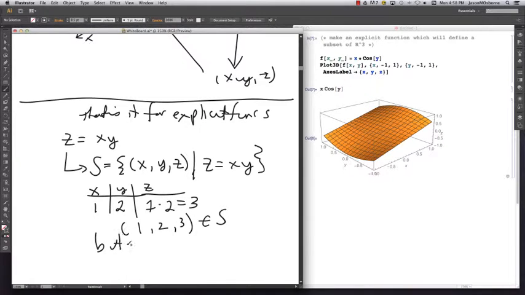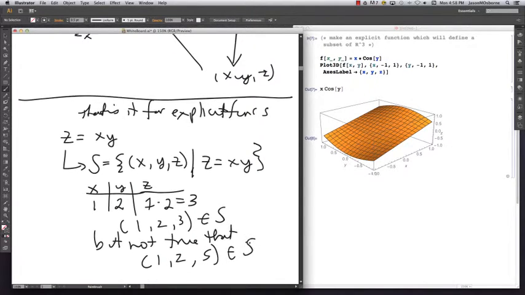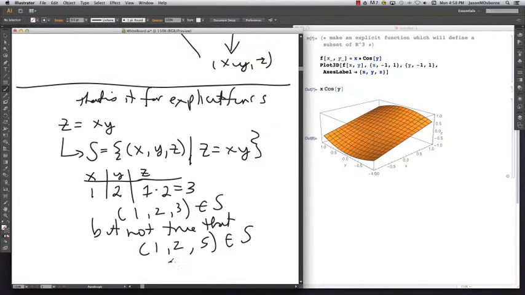But what is not true is that 1, 2, 5 is in S. See, 1, 2, 5 is in R3 because each of these 1, 2, and 5 are real numbers.